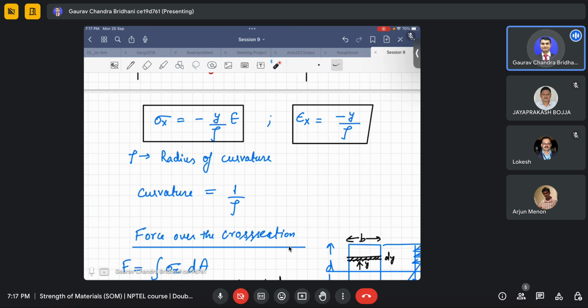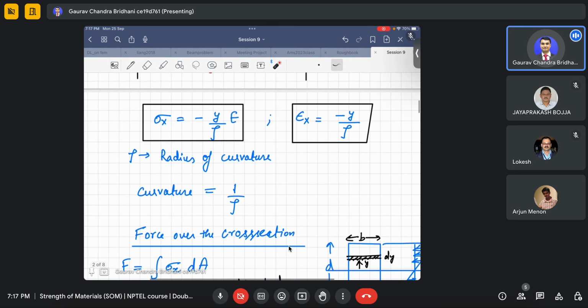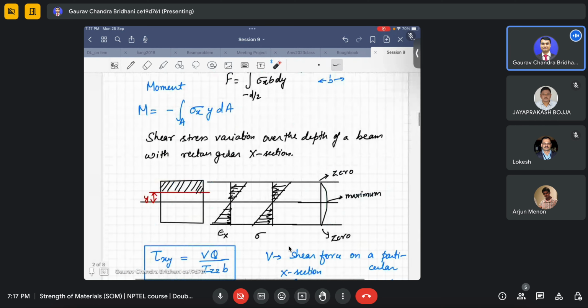For A2 this y will become minus y, and it will vary from minus h by 2 to 0. So this will automatically take care of that. I was about to put this there, do not worry, I will put it there itself.